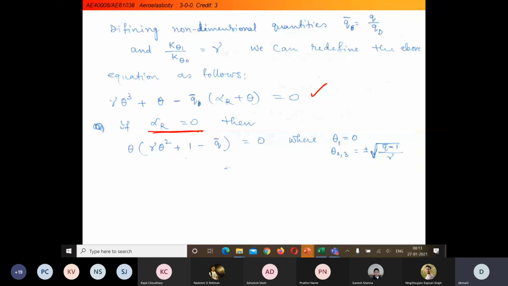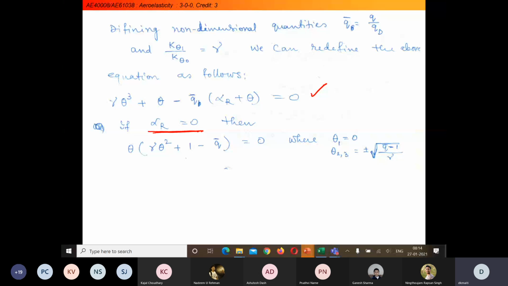After substituting alpha r equal to 0, this equation simplifies into this form. This term will be 0, so it will be theta multiplied by gamma theta square plus 1 minus q bar, that whole thing equal to 0. Here we can get solutions. One is theta equal to 0, the first root.